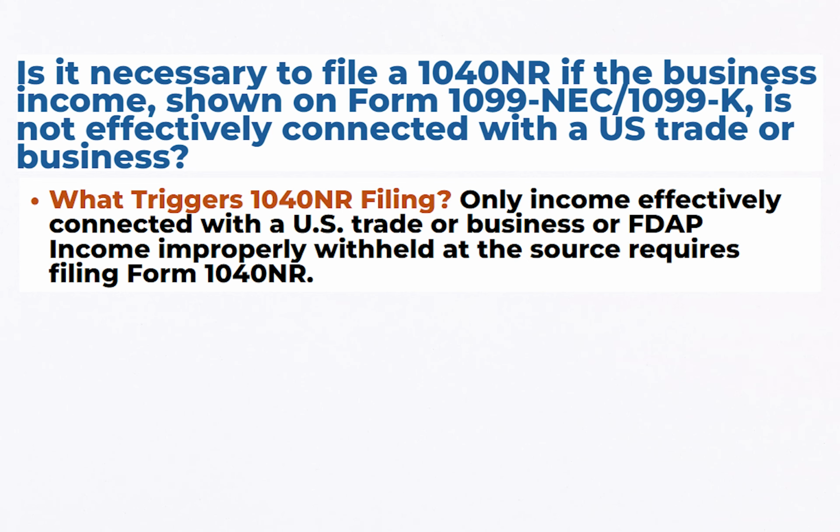Okay, so there's a lot of dynamics here, depending on whether your country has a tax treaty or not, and then depending on the type of income you're collecting from the US.